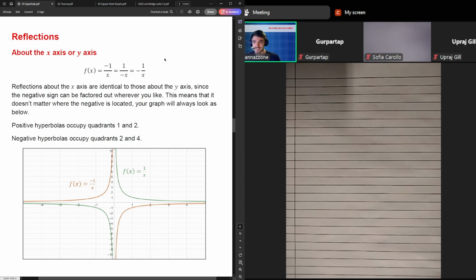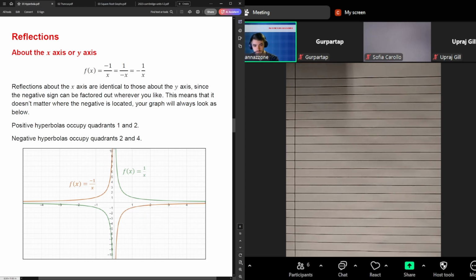A reflection in the x is the exact same thing as a reflection in the y. And you can kind of imagine that, right? You've got some green one here. If you flip it vertically, then this part goes down to here, this part goes up to here. If you flipped it horizontally, this part will go to here, this part would go to here. It ends up looking identical, mathematically speaking and visually speaking.